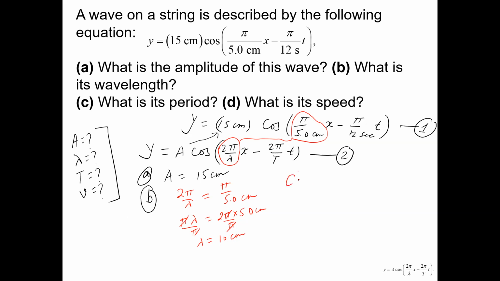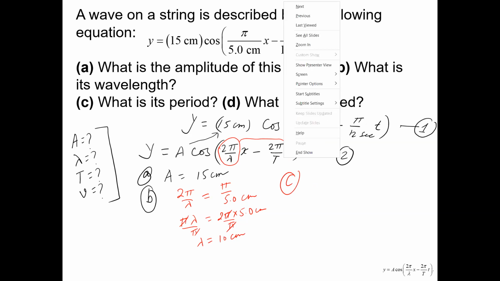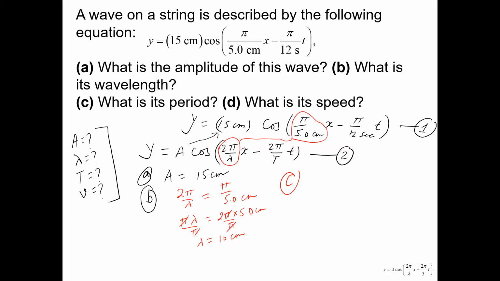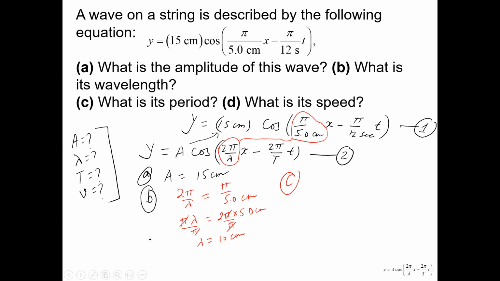So point C, you have to calculate the time period. Look here, the time period is in the second term of the angle of the cosine. I can compare this with the value given in the second term of this cosine angle.